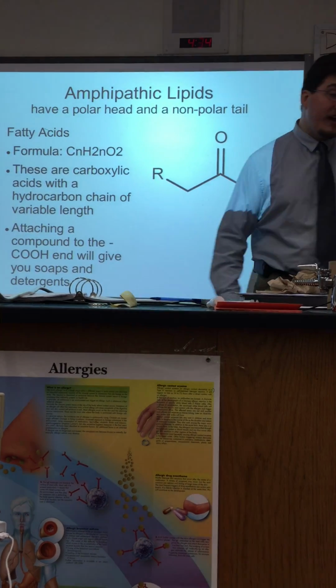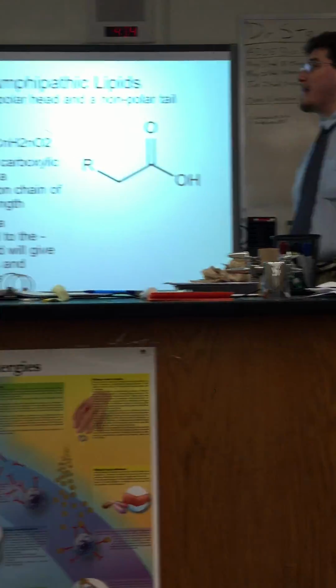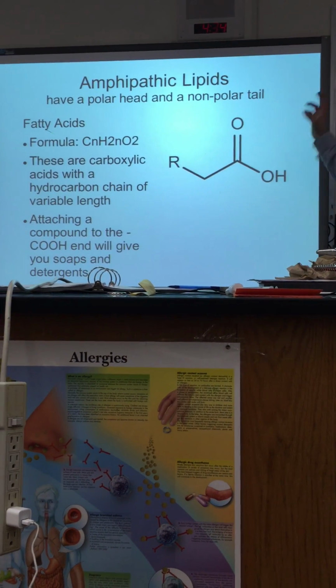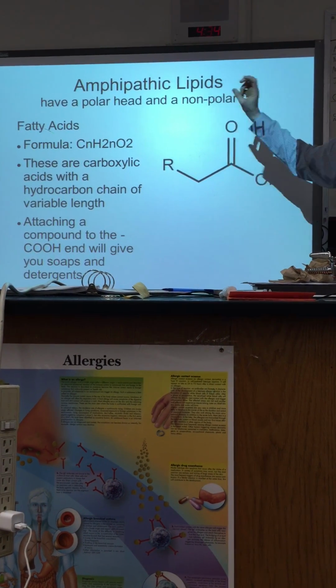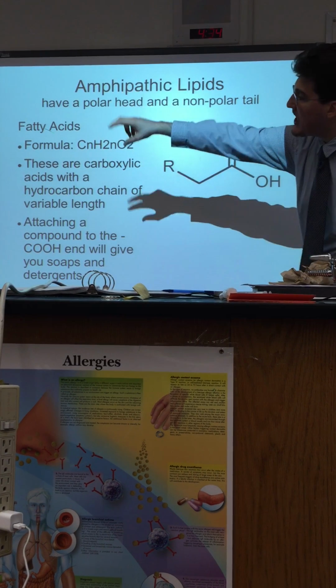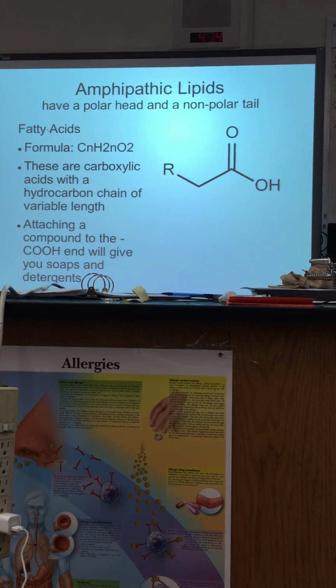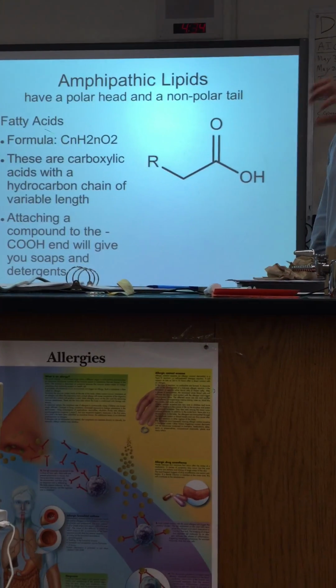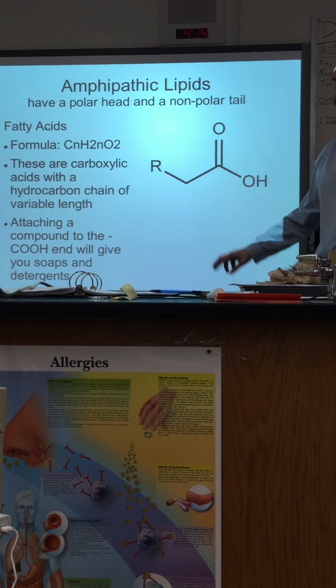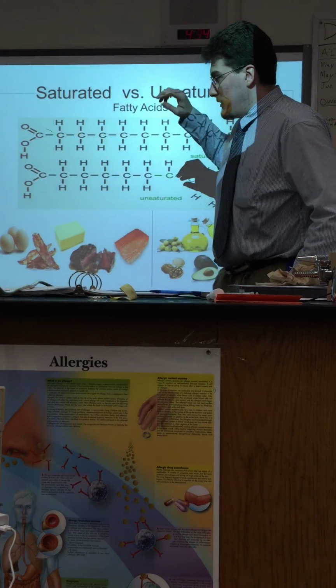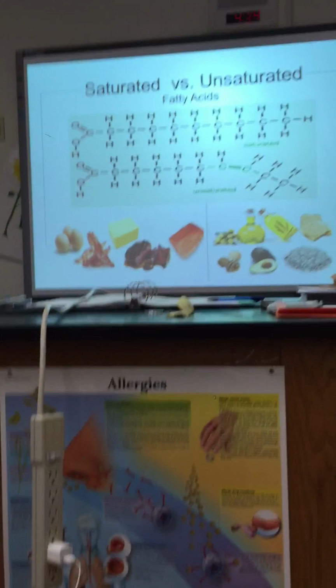And there are many different types of fatty acid, many different names for them. You don't need to know that. You just need to know a fatty acid is a carboxylic acid with an R chain of a carbohydrate. A carbohydrate chain. Carbon and hydrogen, and that's it. Saturated versus unsaturated.